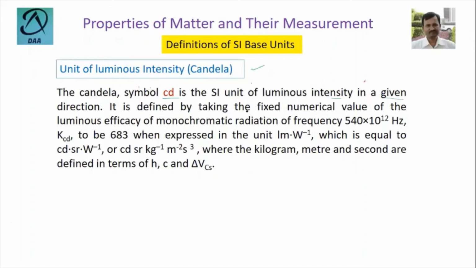It is defined by taking the fixed numerical value of the luminous efficacy, K subscript cd, of the monochromatic radiation of frequency 540 multiplied by 10 to the power 12 Hz to be 683, and its unit will be lm W to the power minus 1, which is again equal to cd sr W to the power minus 1.